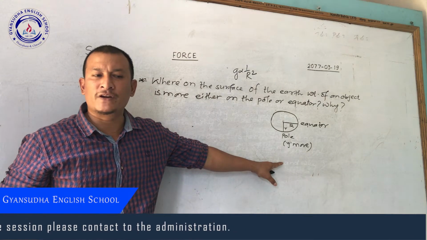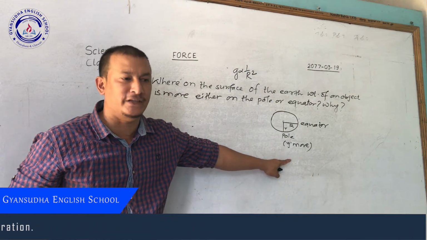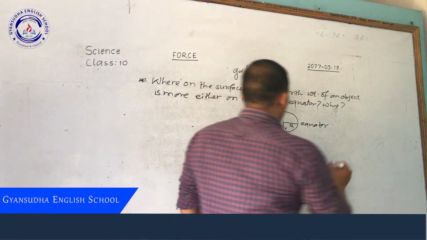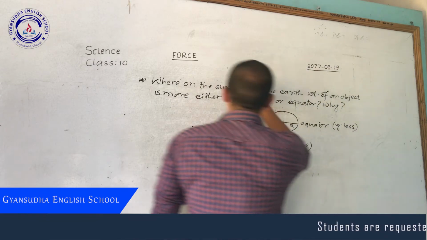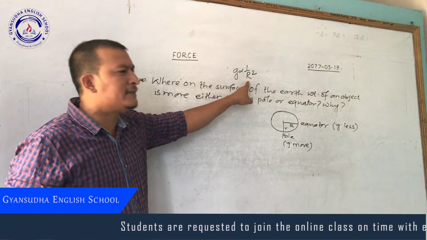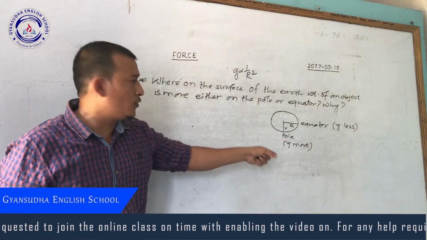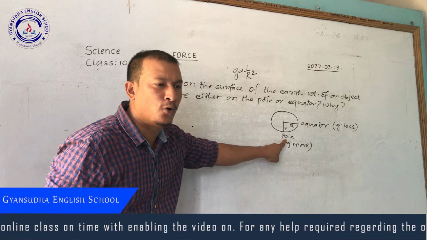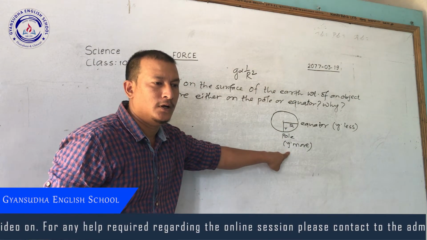Yesterday, we had written the value of g on the pole, that is 9.83, yes? And the value of g is less at the equator. This clarifies that as the radius is bigger, the value of g is lesser, and vice versa. So the radius is less on the pole, so the value of g is more on the pole.